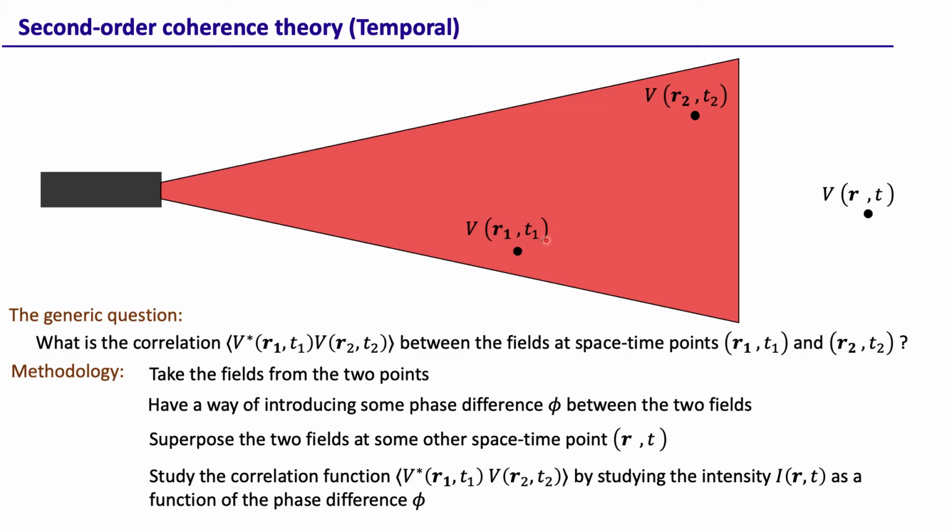Okay, now I actually want to investigate this one in all the details for time, and that's what we call second order coherence theory. So the form that this question takes within second order coherence theory in time is as follows. Let's say we have a source that emits some field. Now the field at some point r naught is V(r0,t), that is the representation.